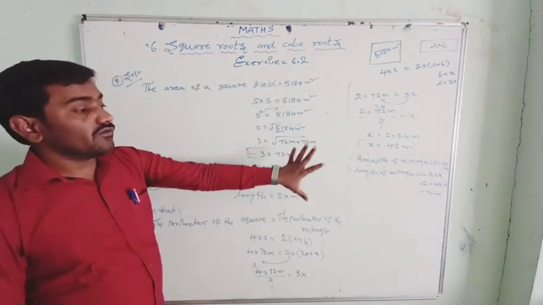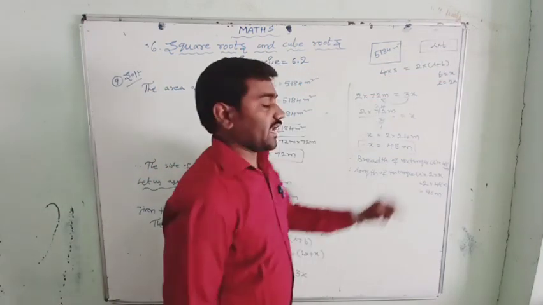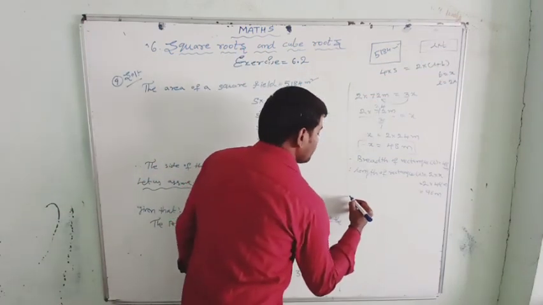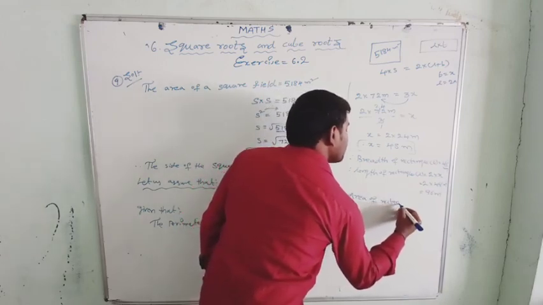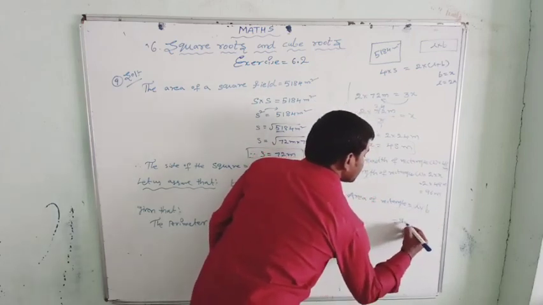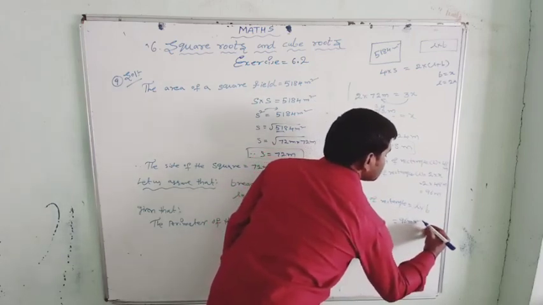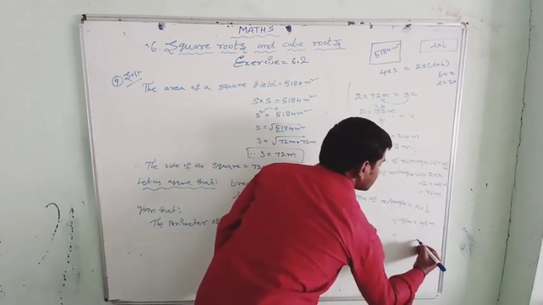We know the length and breadth, but what they ask is to find the area of the rectangle. Therefore, the area of the rectangle is equal to L into B. L is 96 meters into breadth 48 meters. Meter into meter is meter square.